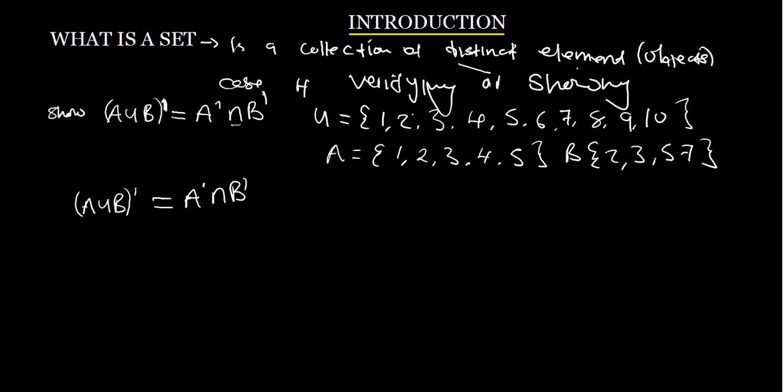So you master them like that, to say when you distribute and take a complement, it will come like this. All right, so now we'll be moving step by step. So list A union B and the complement. So what is not found in A union B, we'll be moving to see whether we'll get the equal thing. So this is from the left hand side, this is from the right hand side.